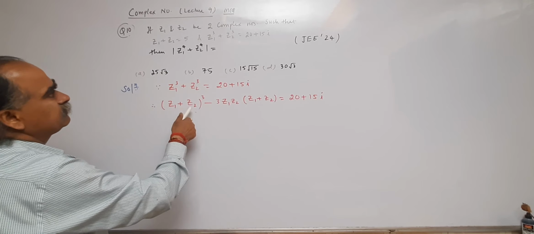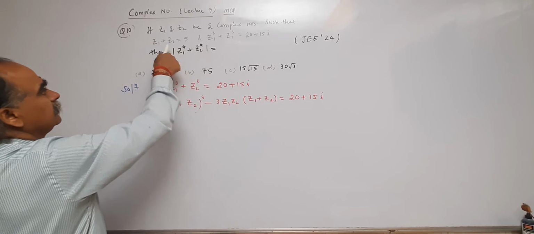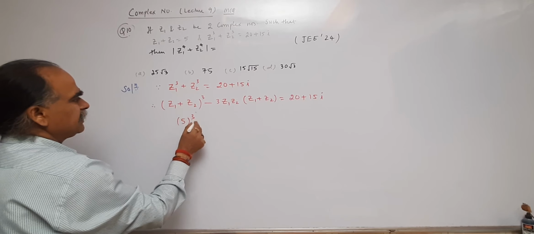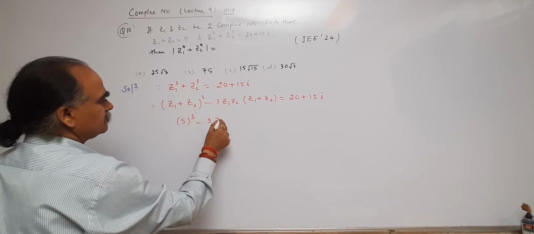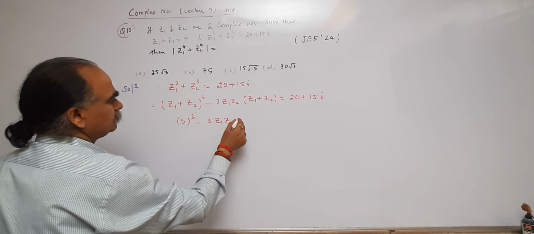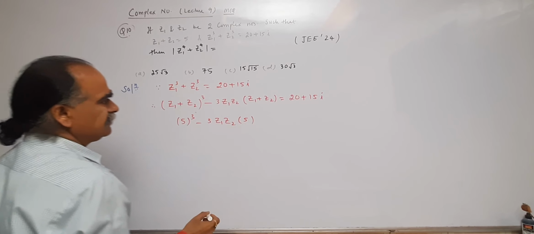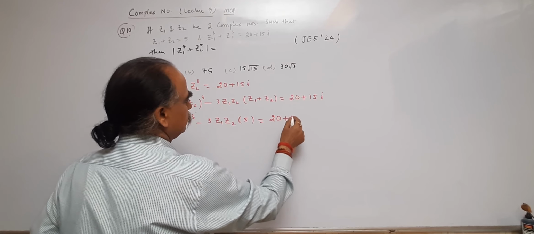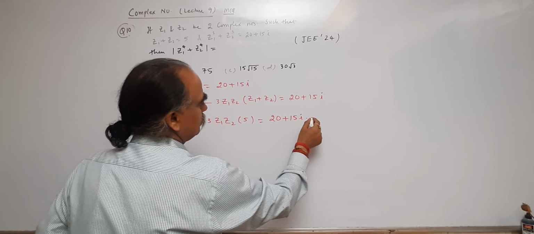Now Z1 plus Z2 is what? It is given to be 5. 5 cube minus 3 Z1 Z2 into 5 is equal to 20 plus 59i.